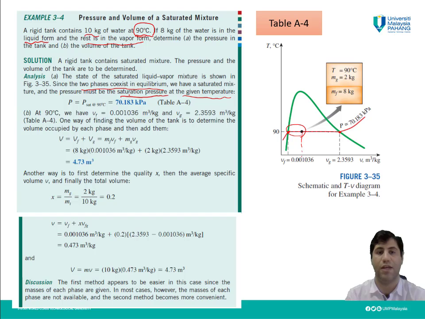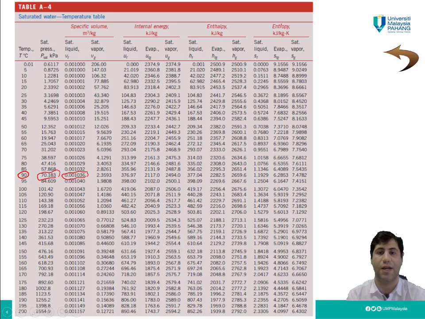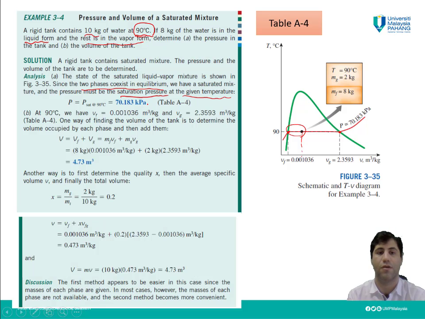Again, like in the previous example, we need to refer to table A4 for this temperature, 90 degrees Celsius, and find the saturation pressure, which is 20-point-something kilopascal. So we know the pressure.